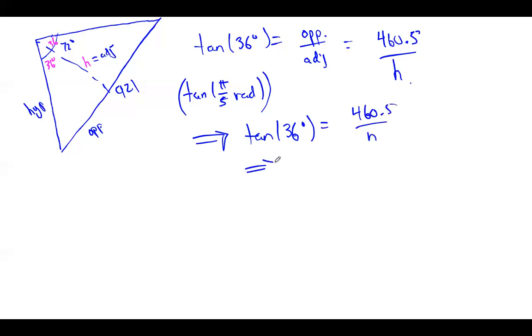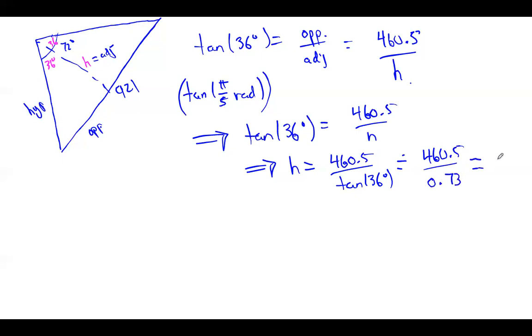Therefore h is equal to 460.5 divided by tan of 36 degrees. This is approximately 460.5 divided by 0.73, using a calculator, which is approximately 630 feet.